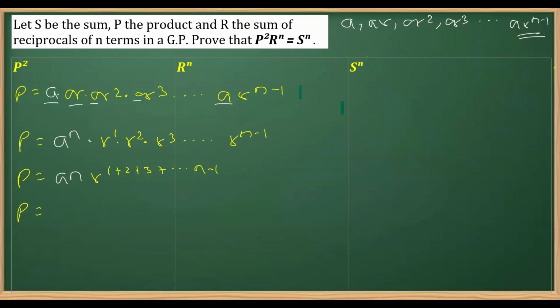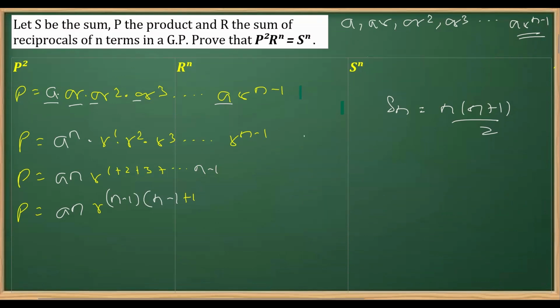What is the formula for the sum of first n natural numbers? If you do not remember, the sum of first n natural numbers is n into n plus 1 divided by 2. Here n for us is n minus 1, so it's going to be n minus 1 into n minus 1 plus 1, divided by 2.